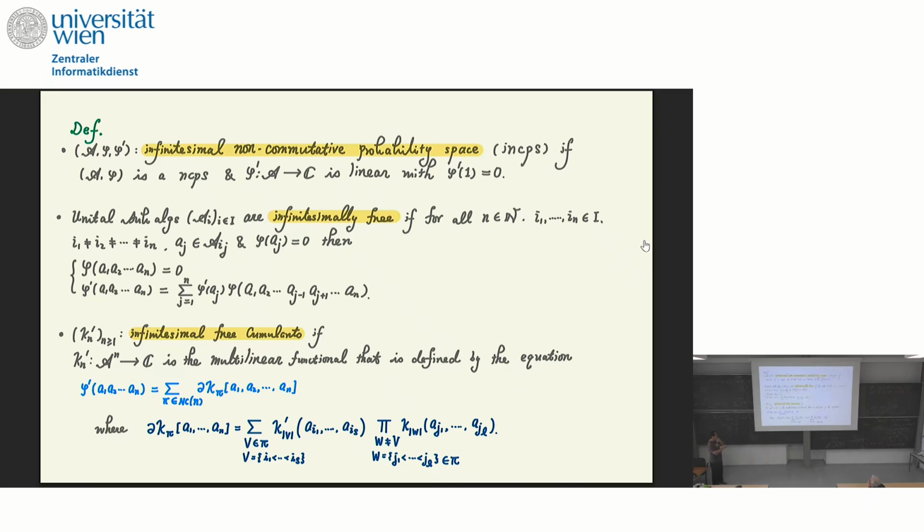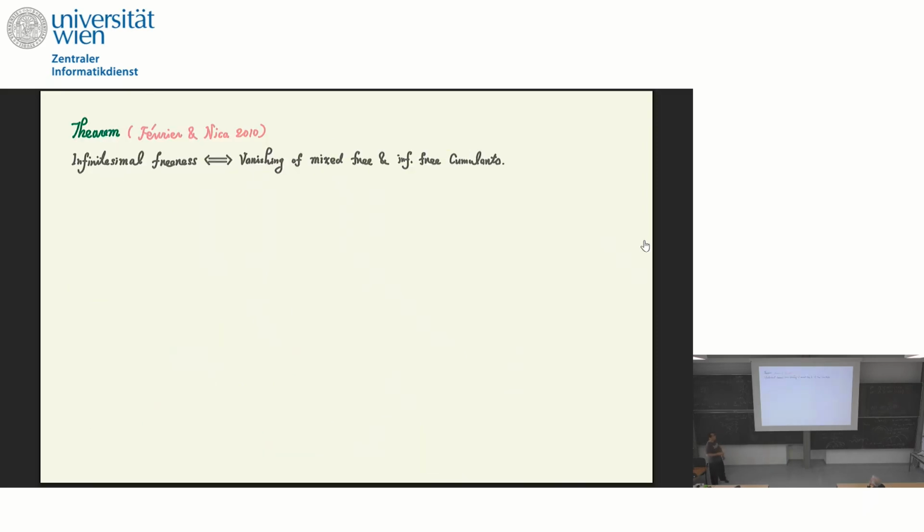The important thing is that this result also follows: infinitesimal freeness can be characterized by the vanishing of mixed cumulants and also the vanishing of mixed infinitesimal free cumulants. This is by the work of Fevrier and Nica. And now we want to say more.